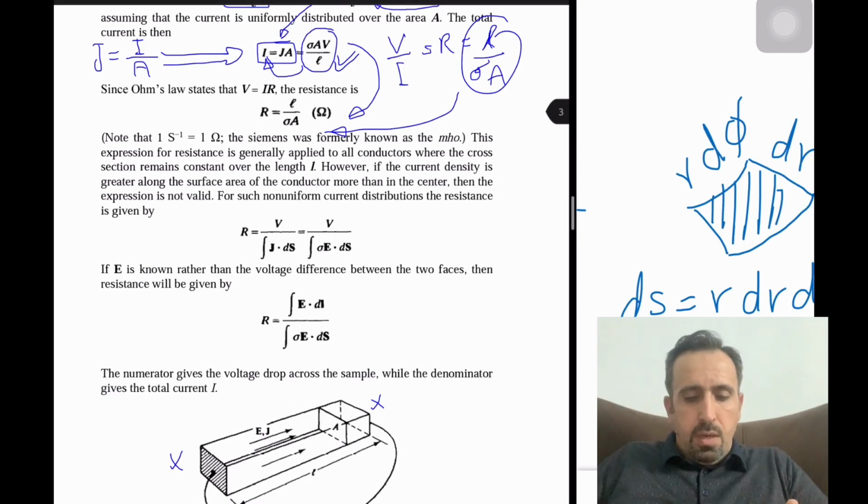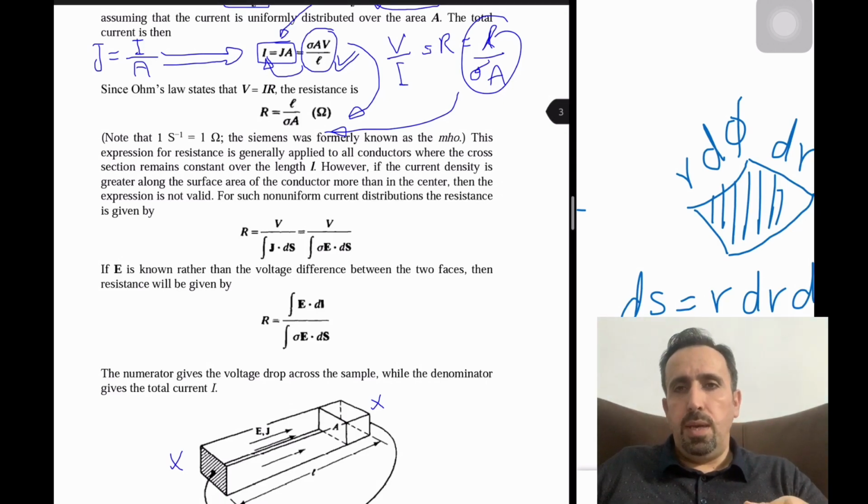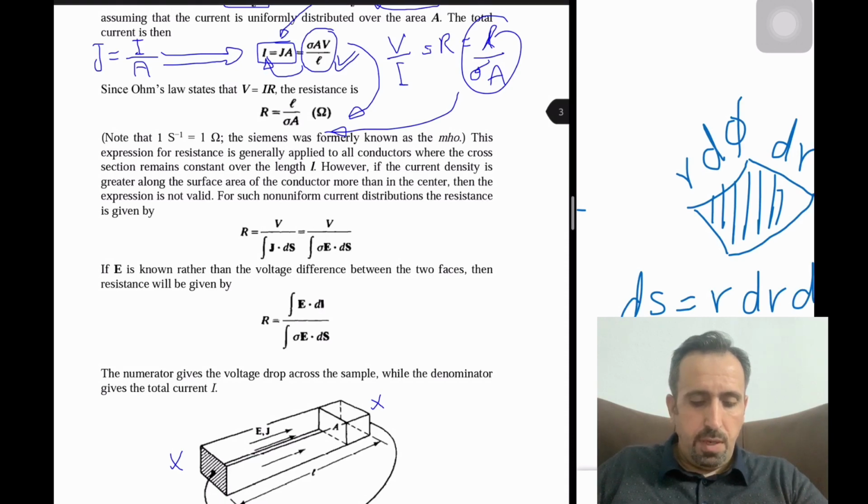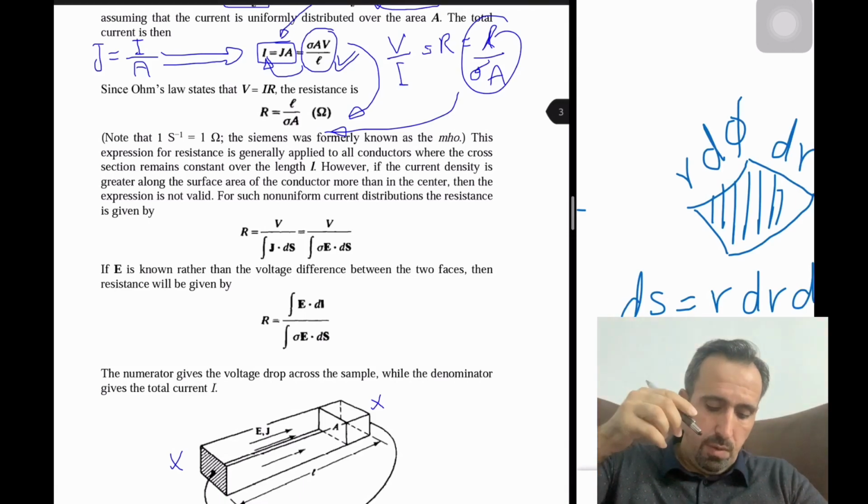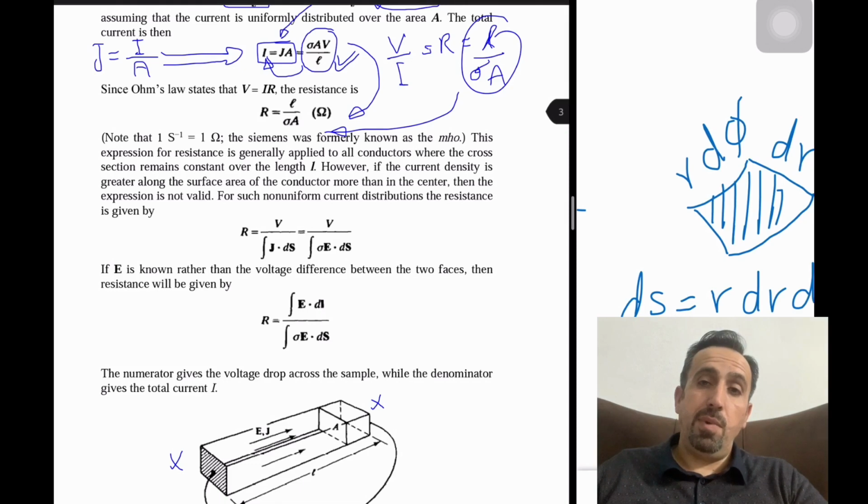Okay, now something very important. In some cases you cannot simply treat the current as a constant current flowing all over the conductor, and even the conductor itself may be changing its area along its length. Along the length of this conductor, maybe its width or its thickness or its cross-section area will change.